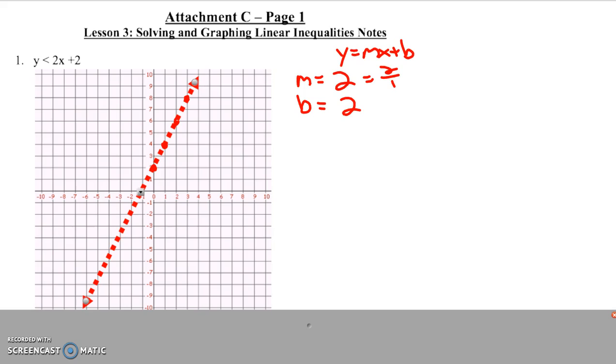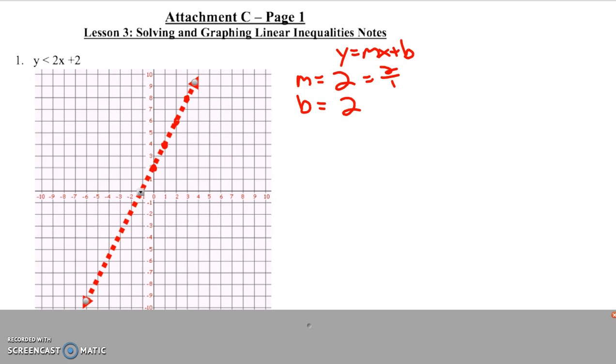Notice that I've extended the line to cover the whole graph. This is important because with inequalities, we're going to shade the region of the graph that explains all of the solutions to that inequality, so that every point in the shaded area would be a solution to this inequality.